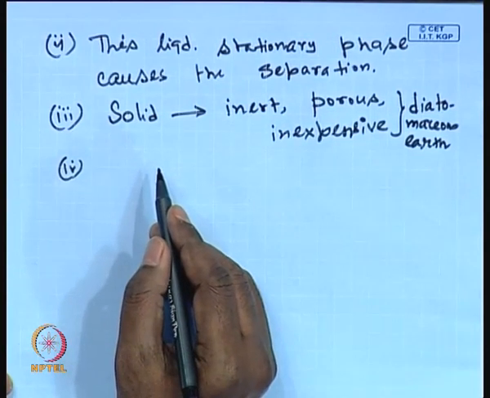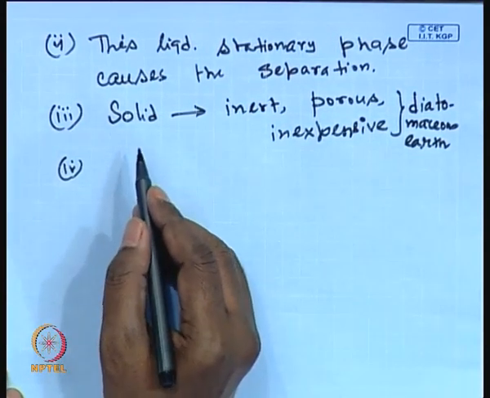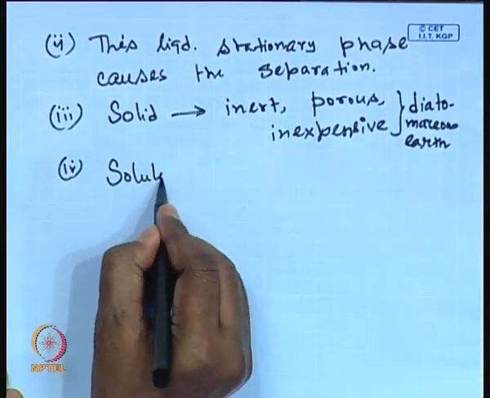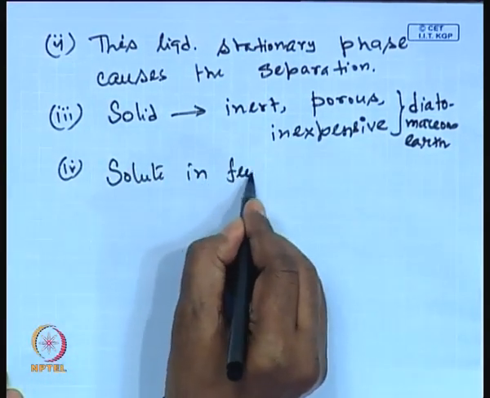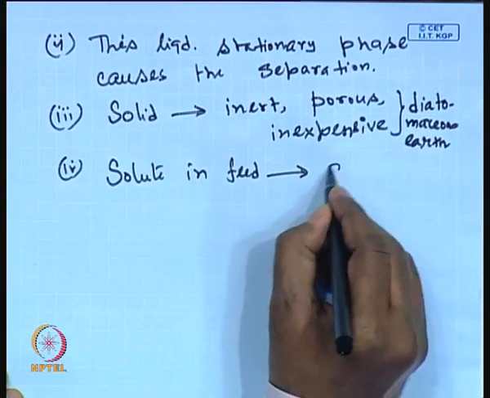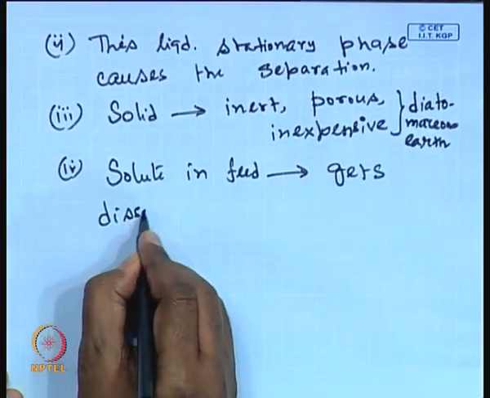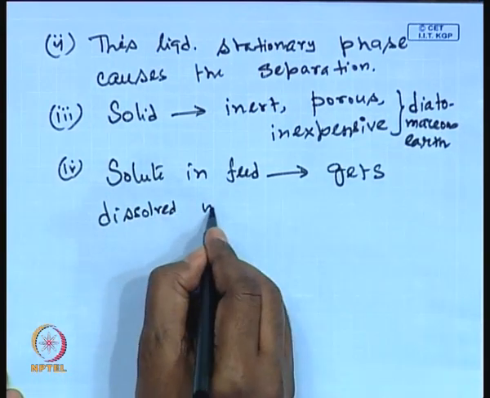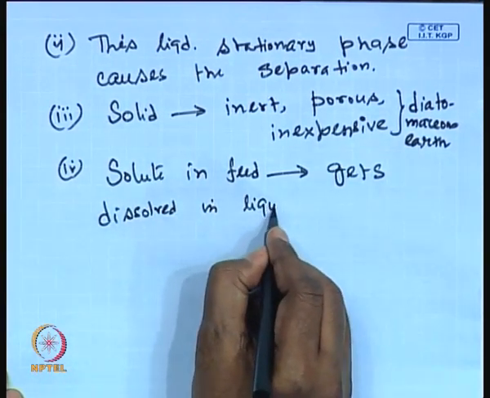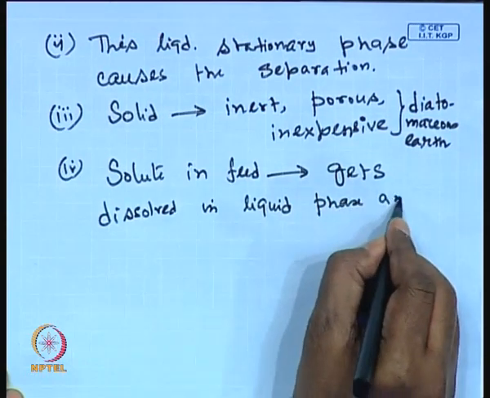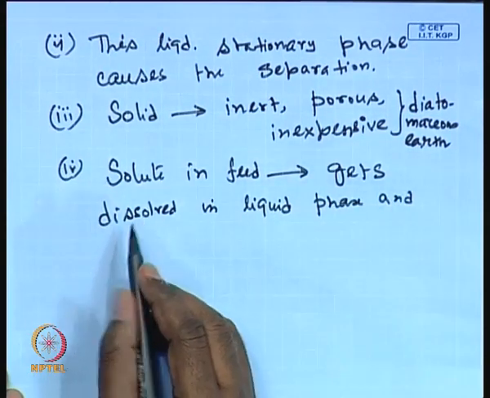And solute in the feed can dissolve in the stationary phase. So, the solute in the feed gets dissolved in the liquid phase and then vaporizes in the flowing gas.